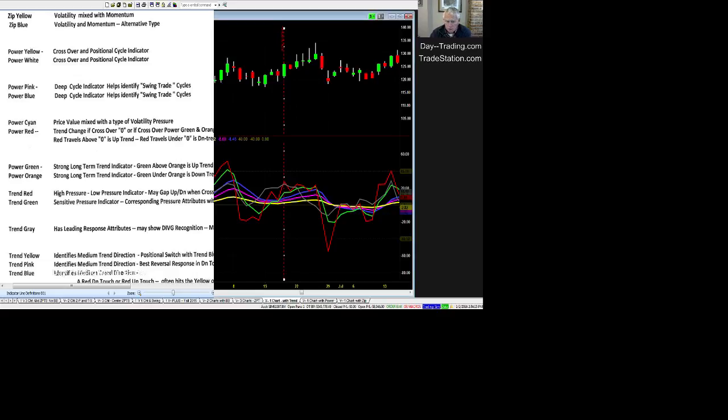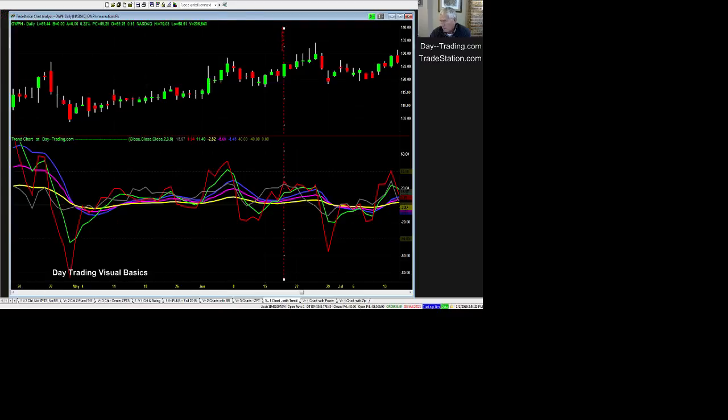Moving on here to the trend chart. If I again pull this away for a second, the trend chart will show you those deep valleys and high peaks, and the Trend Red is basically a high pressure or low pressure indicator, and it may gap up when crossing 0.